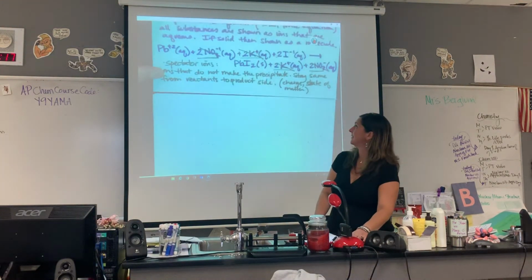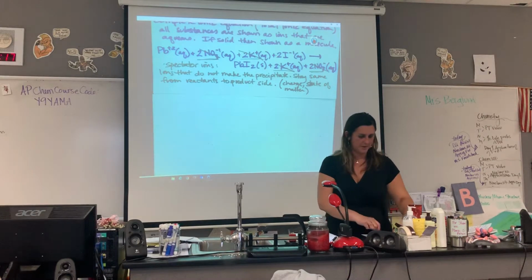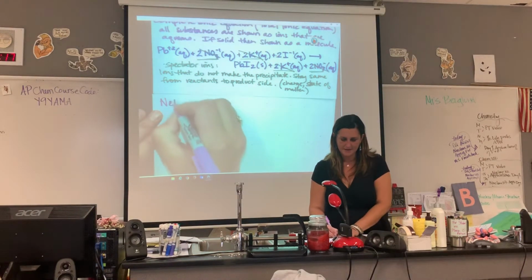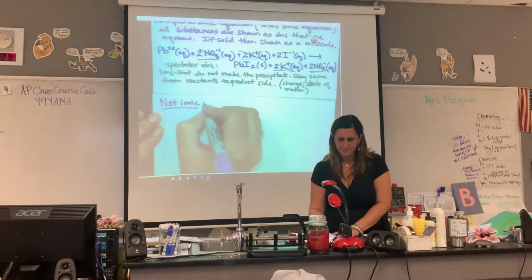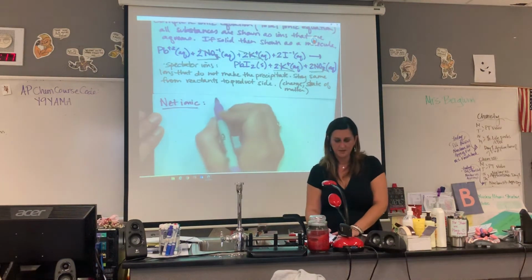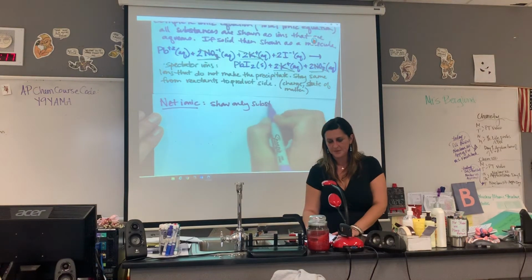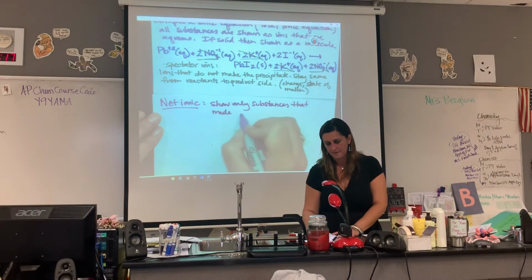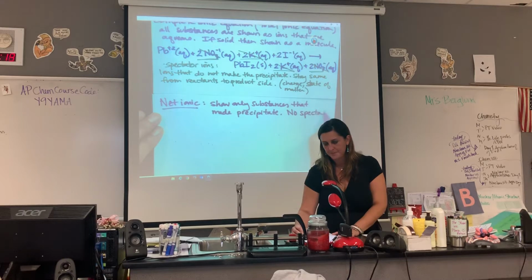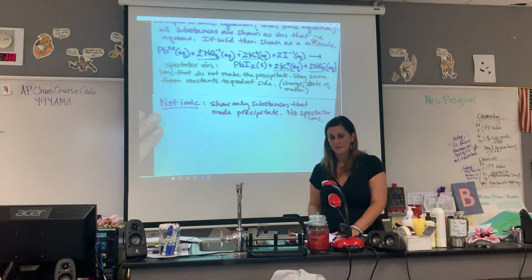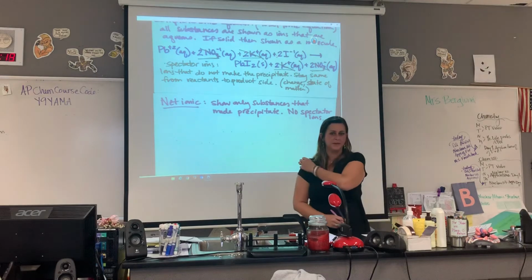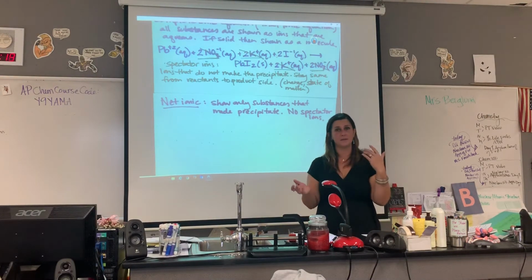So I'm going to bring this down here. And we'll just talk really briefly about what a net ionic equation does. In a net ionic equation, we show only the substances that made the precipitate. Okay, so we don't show the spectator ions. This is kind of like algebra in the fact that we're canceling across the arrow.